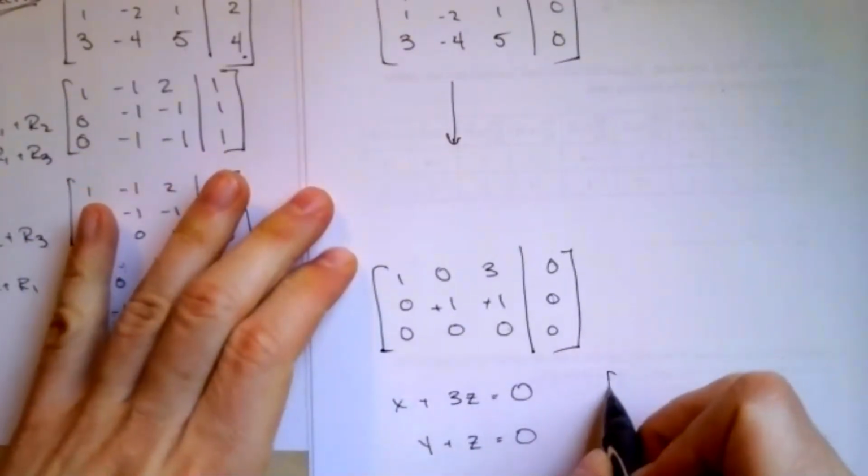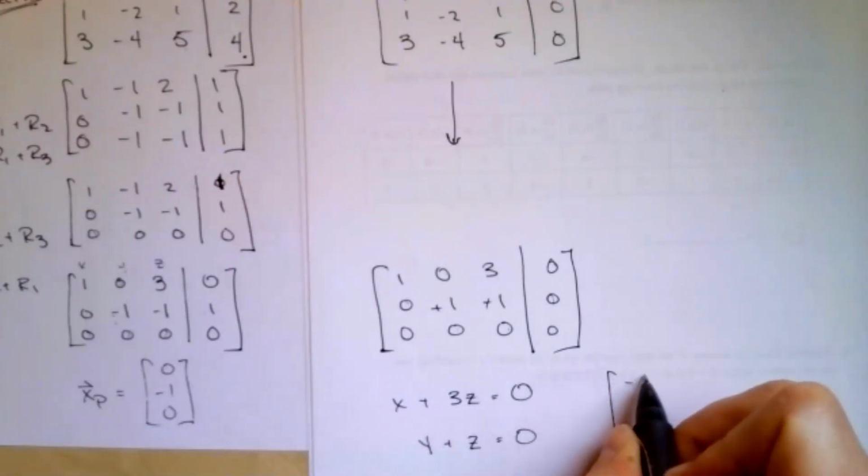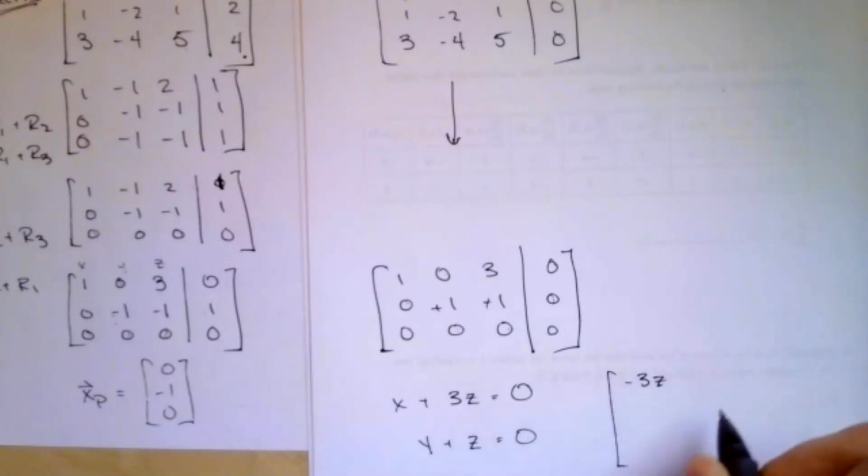So the vectors in the kernel are going to be of the form minus 3z, minus z, and z.